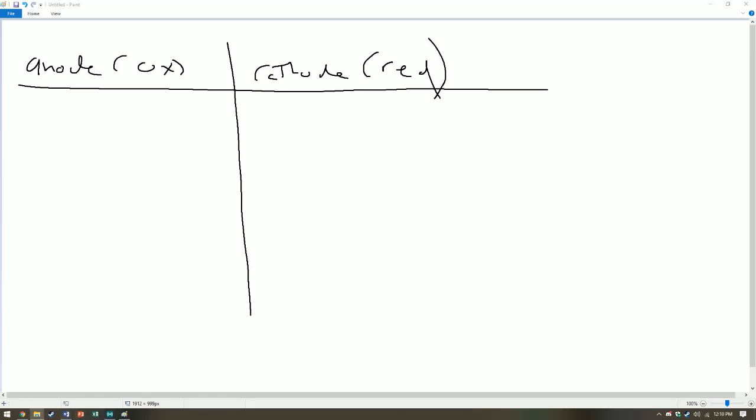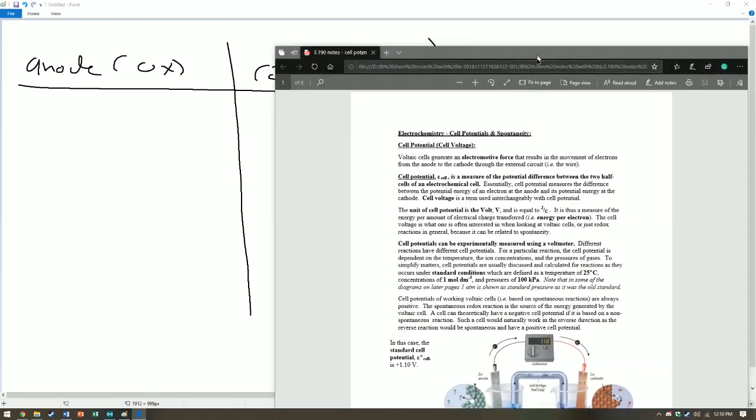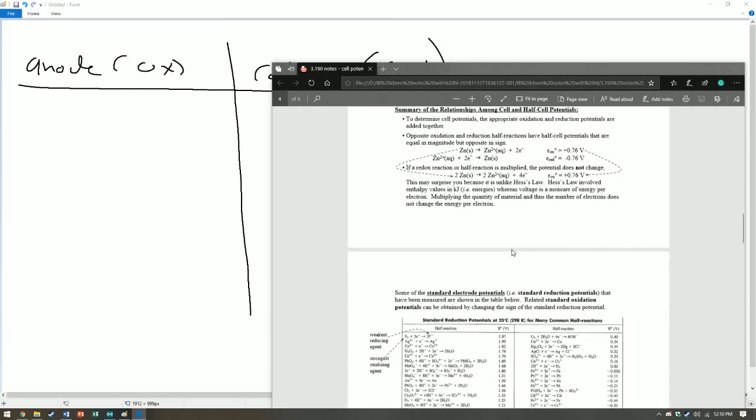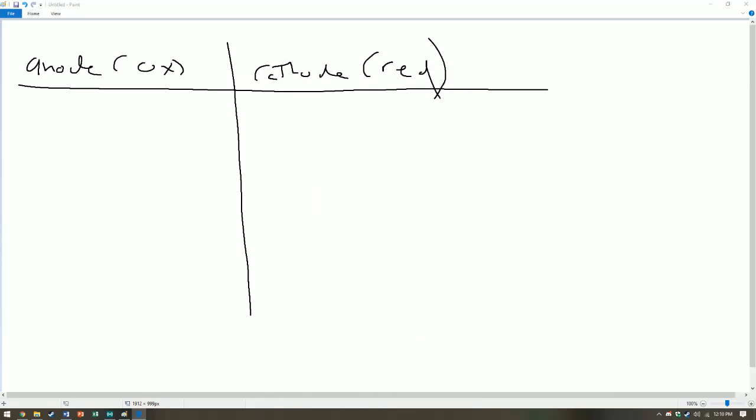You need a table of cell potentials. So, let me pull up my handy little table of cell potentials. So, here it is, which we'll use later. The link is always in the description to the set of notes here. It would be under file 3.19. And there's a table of half cell potentials.